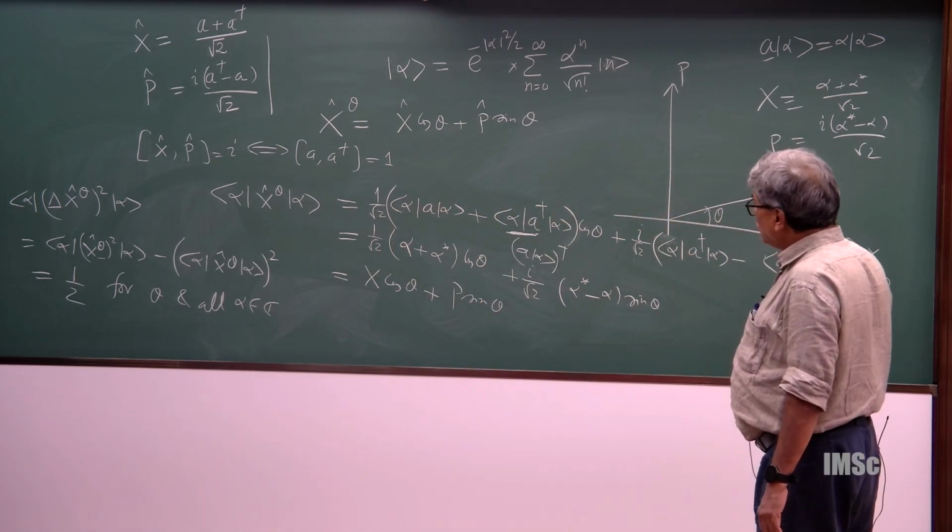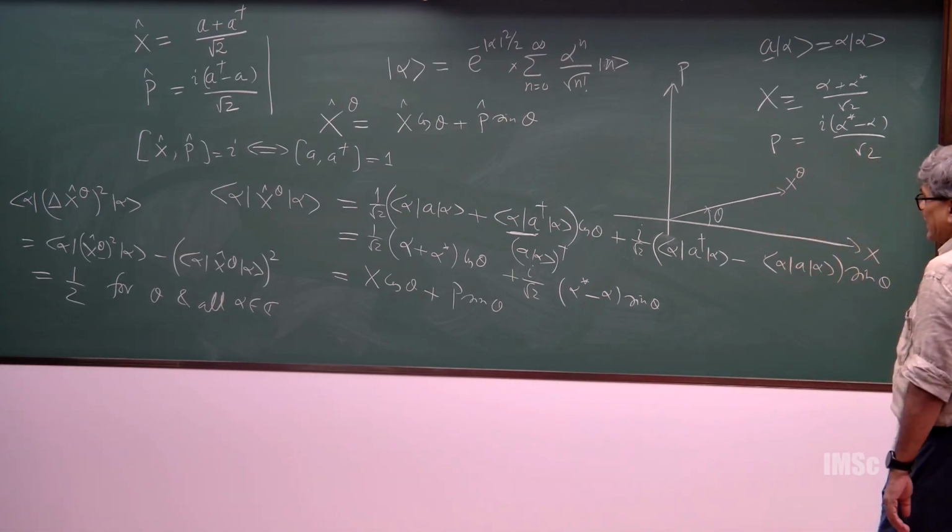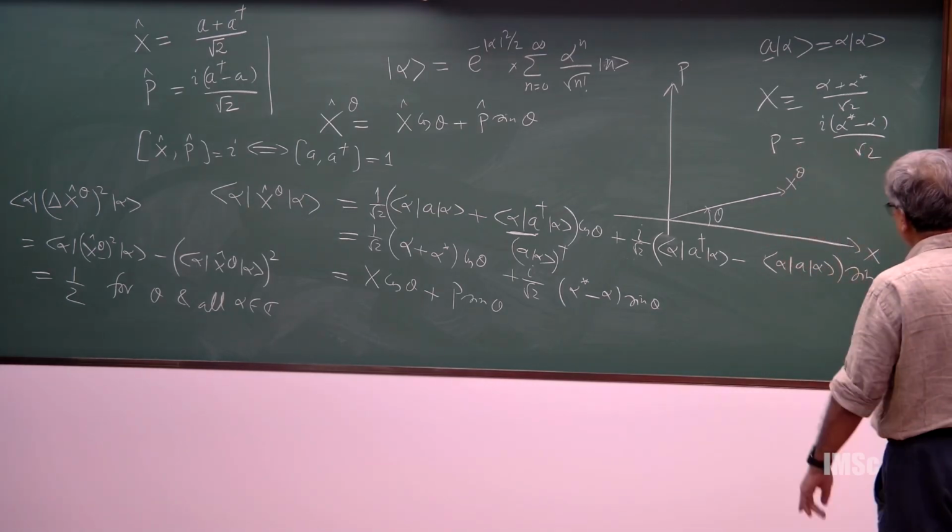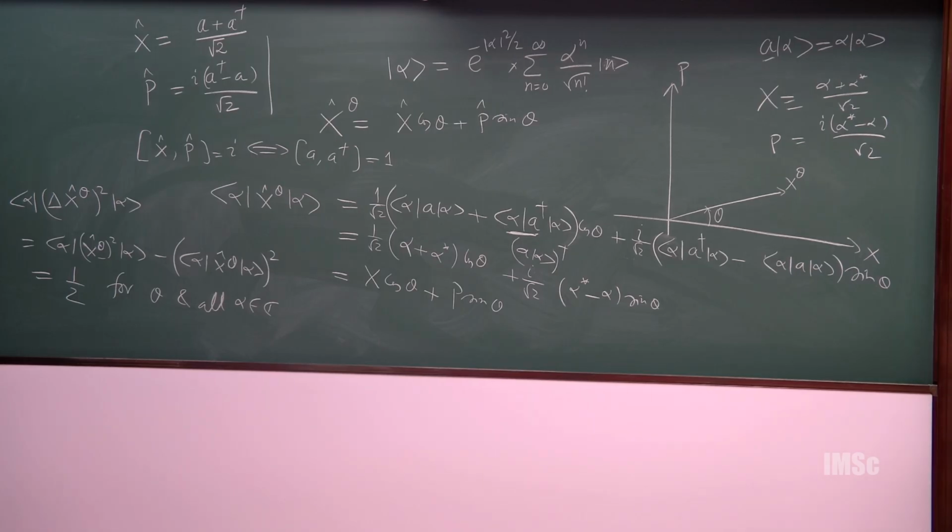So, what you can think of is that here is your x and p, the classical quadrature variables. Now, you take the value, namely this value, this is theta.